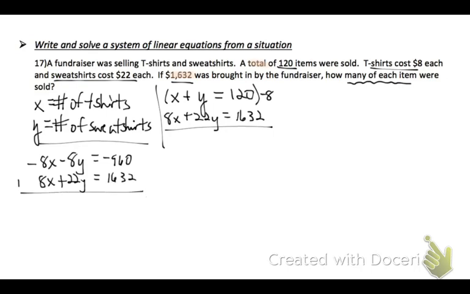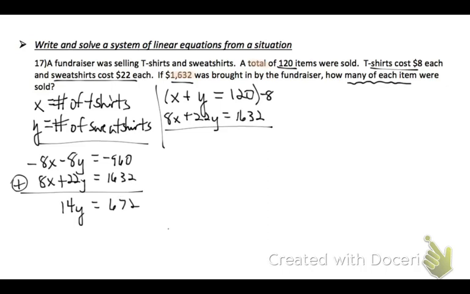And now I'm going to add these. So I'll end up with 14y equals 672.